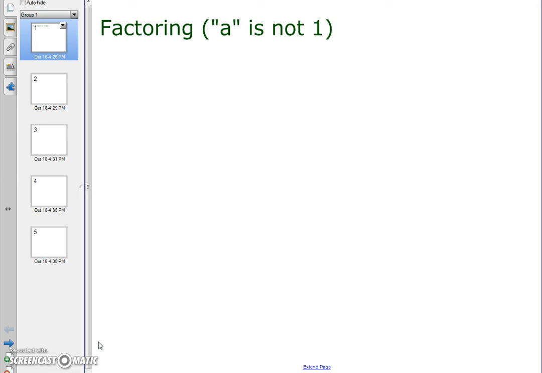Today we are going to learn how to factor given that A is not 1. So up until this point, we've had trinomials that look like this.